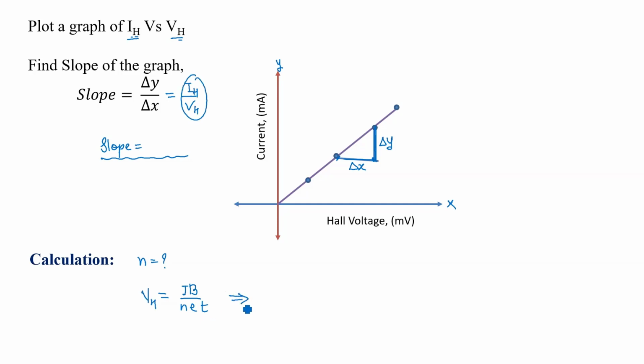Now from this relation we have the carrier concentration N equal to IB upon VH e T. Here I upon VH is nothing but the slope that we find from the graph. So if I multiply this slope by the magnetic field and divide by the charge into thickness, I will get the carrier concentration.